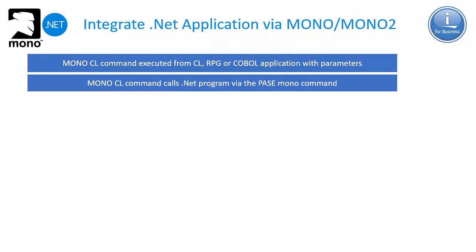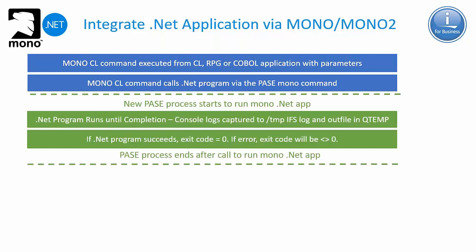Then it's going to call the .NET component. It does start Q shell, which then starts a paste process, and then the .NET program runs to completion, and then creates the out file in IFS for you. And if it succeeds, we send back a 0 or a non-zero value, kind of like your CPF 0000.